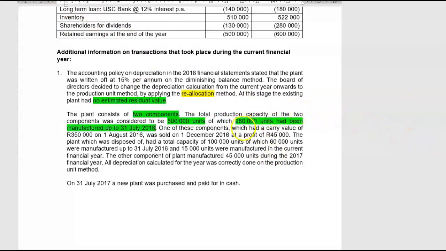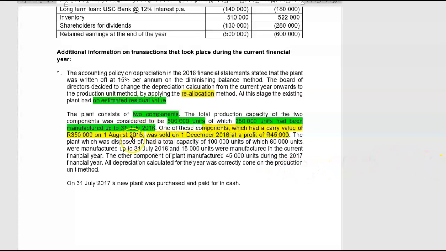One of these components, which had a carrying value of 350,000 Rand on 1 August 2016, was sold on 1 December 2016 at a profit of 45,000 Rand.